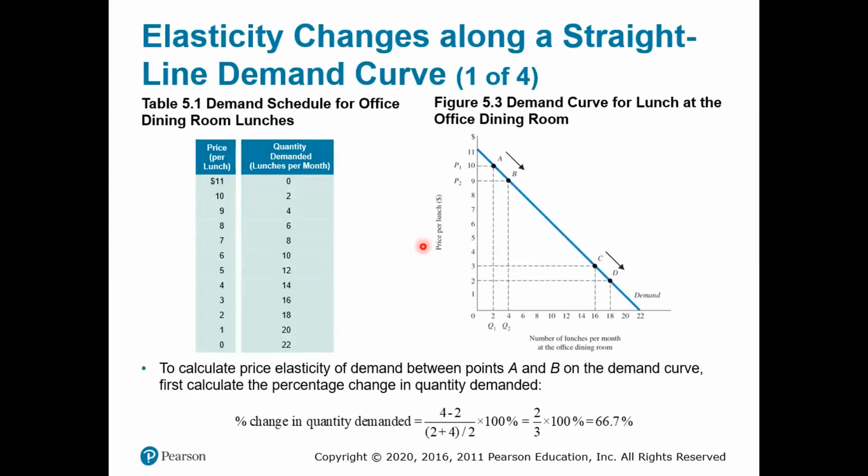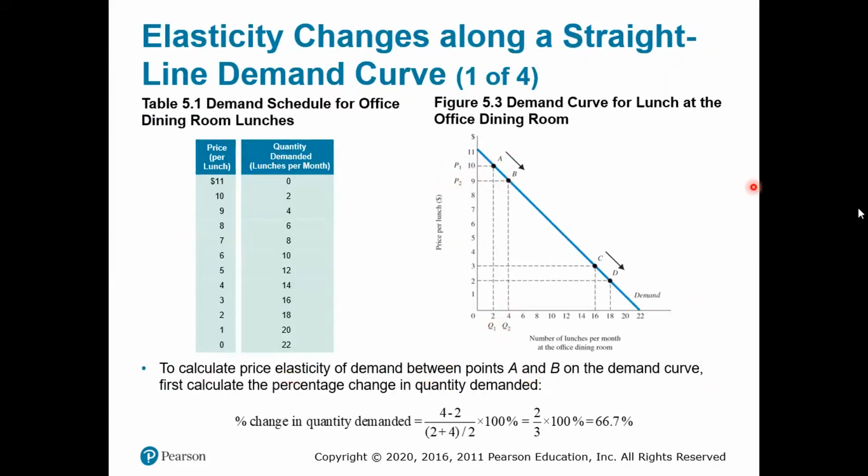So let's practice this. Here we go. We're going to do own price elasticity of demand between points alpha and bravo. P1 right here is going to be 10. Q1 is going to be 2. P2 is going to be 9. And Q2 is going to be 4.